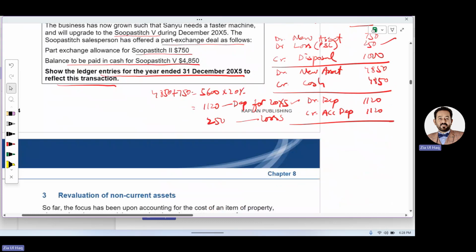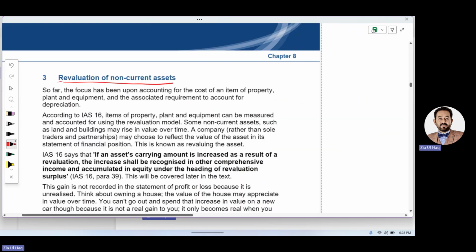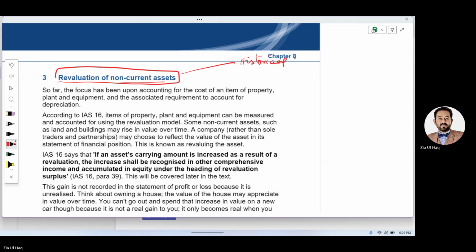Now we are moving towards the revaluation of non-current assets. Companies have an option: they can record their non-current assets either on a historical cost basis or on a revaluation basis.